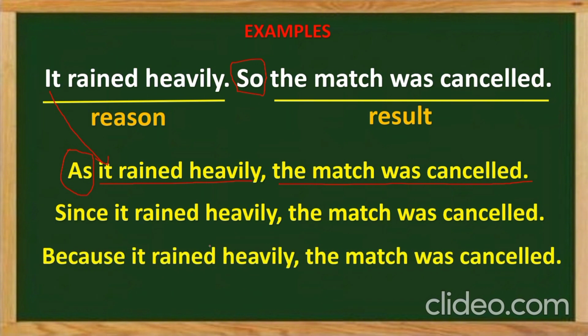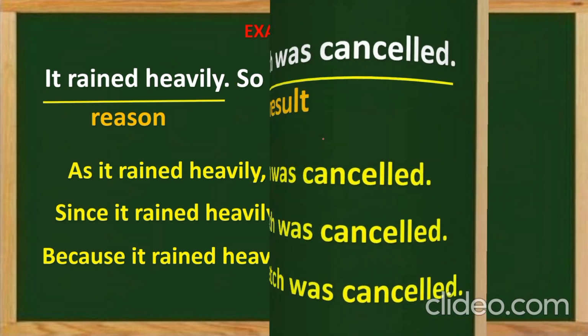So we used all these three words, as, since, because, in the beginning of the sentences. And remember, whenever you are combining with as, since, or because, remove the extra linker. That's what you should remember here.